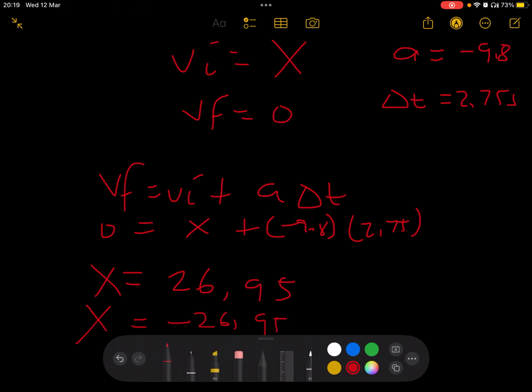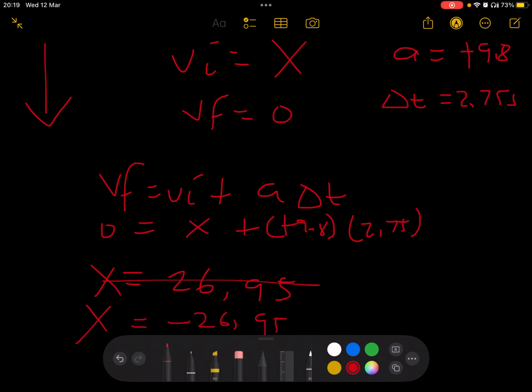So maybe we should have kept our acceleration as a positive because it's downwards, so that we get our negative here, because acceleration was still taking the ball downwards even when it was going up.